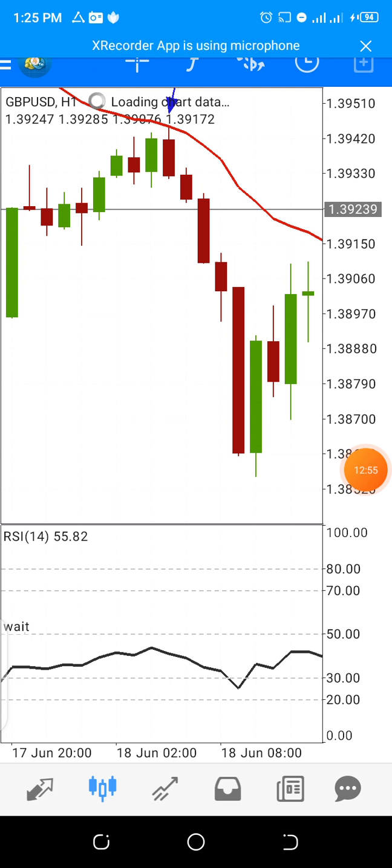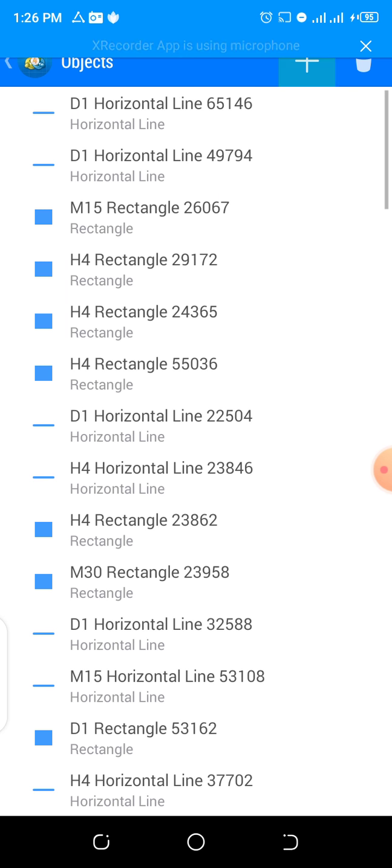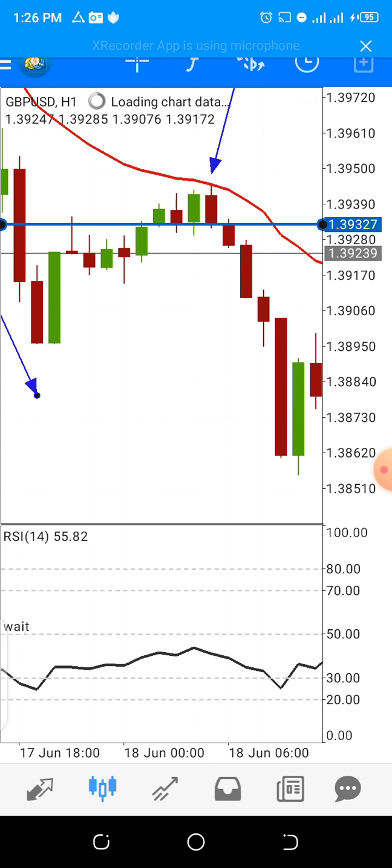There's a retest. The candle touched the moving average and then closed as a bearish candle, and that bearish candle closed below the body of the other candle. This is it.